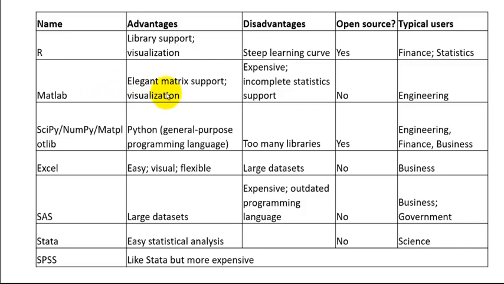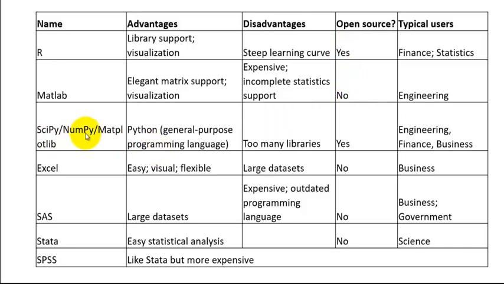Looking at MATLAB, it supports matrices. Python also supports matrices. Python is also good for visualization and libraries, a lot of library support. But MATLAB is very expensive, very heavy. I think the latest edition cannot be less than 12 gigabytes. So these are the reasons why people are running from MATLAB. The difficulty of R is why people are running from it. You can see that R is open source. MATLAB is not open source. It's not free.